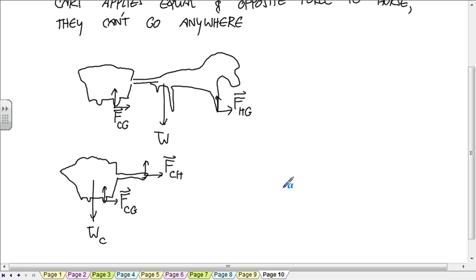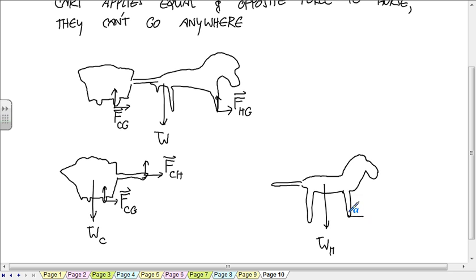And so you get the opposite thing if you isolate the horse. Ooh, it's a camel now. So now you have the weight of the horse, the force on the horse by the ground, and back here you have the force on the horse by the cart.